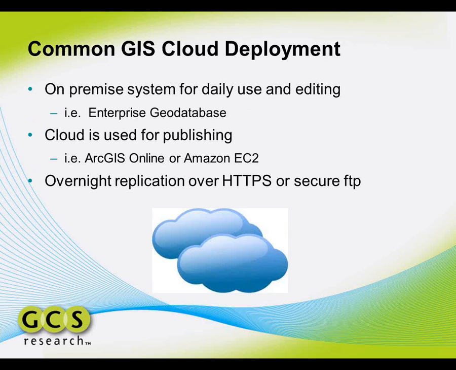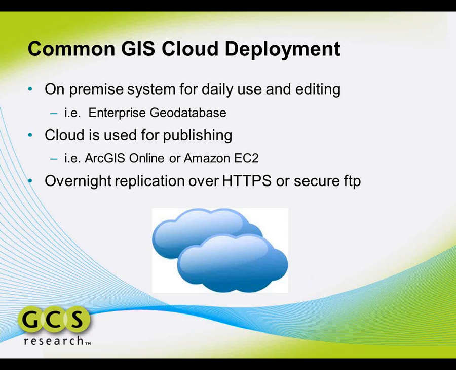So for your GIS, what's the common GIS deployment that we see? I think people may be surprised, but most people are still going to need your on-premise system. If you're a shop that does editing, maintains GIS data sets, if it's streets or utilities or parcels, you're still going to need some way to edit those locally.